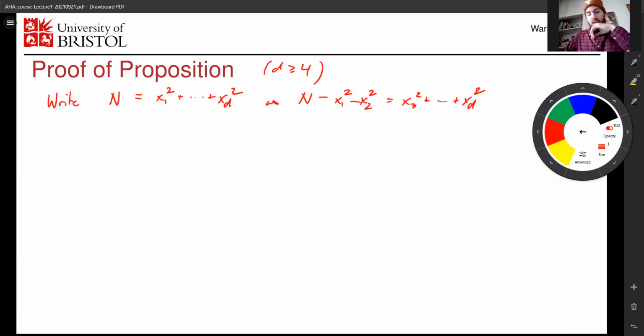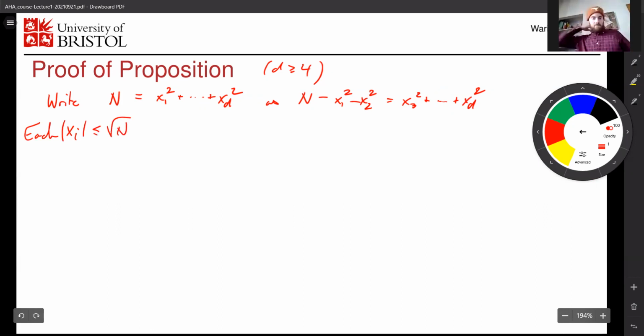Okay. Now, just to remind ourselves, we also had that each xi has absolute value less than or equal to the square root of n. Okay. Now, what I'm going to do is, oh no, I'm sorry, I did it the wrong way.